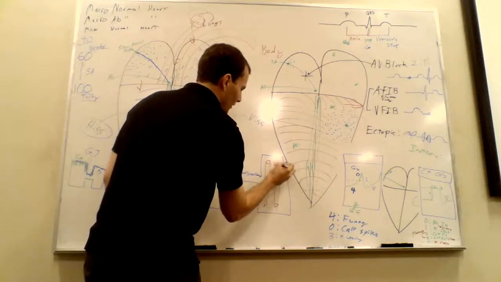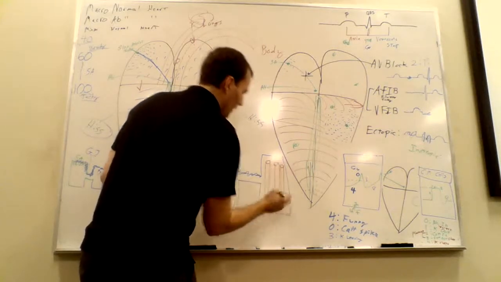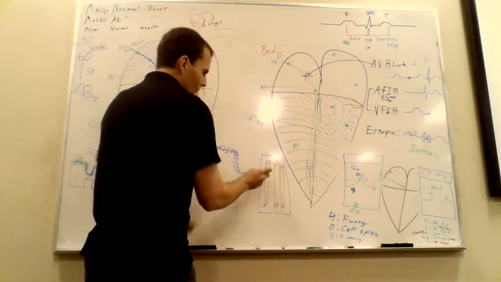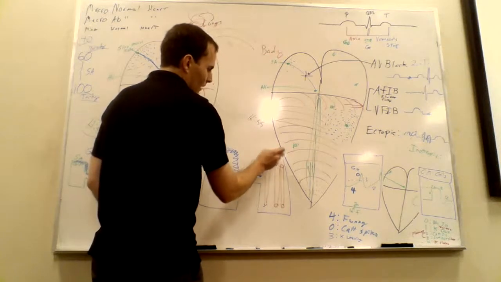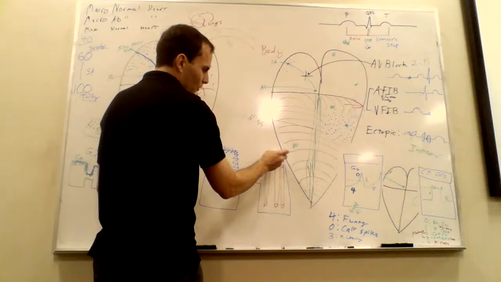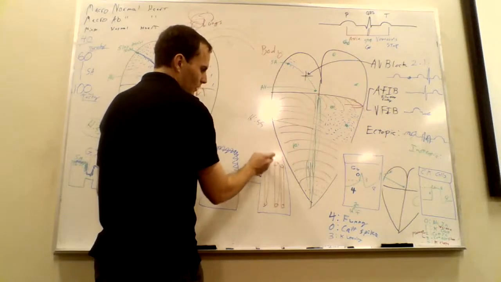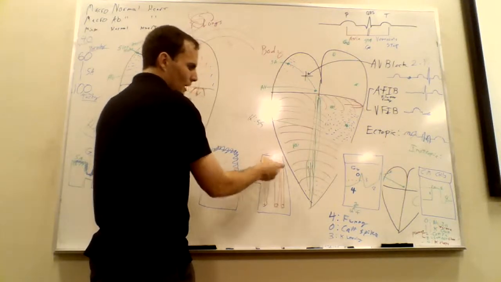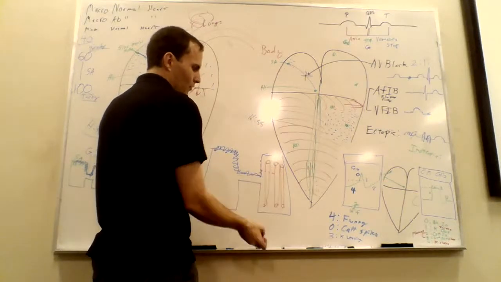This is not quite what they look like, I'm just doing a concept sketch. So if the electricity stayed around the outside, this middle muscle would only be close when the electricity was right here, and the rest of it would have to proliferate through here.